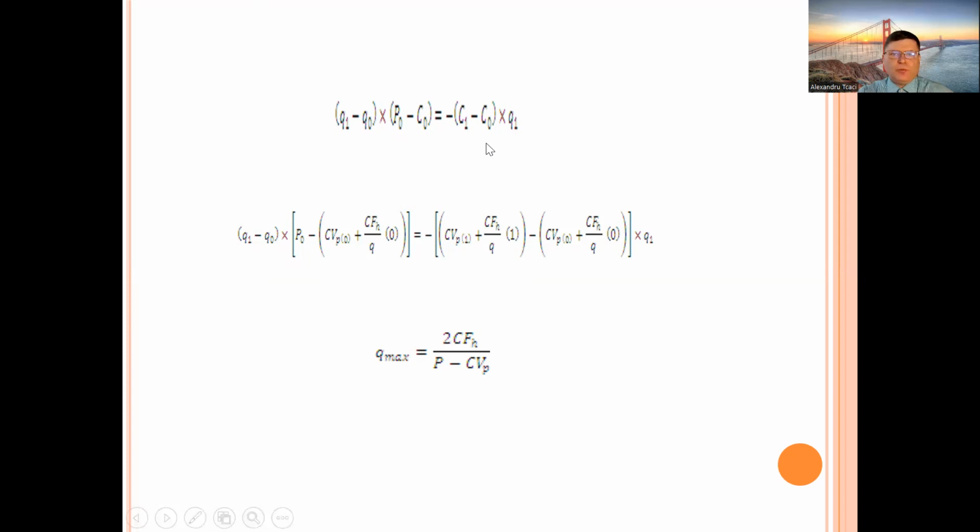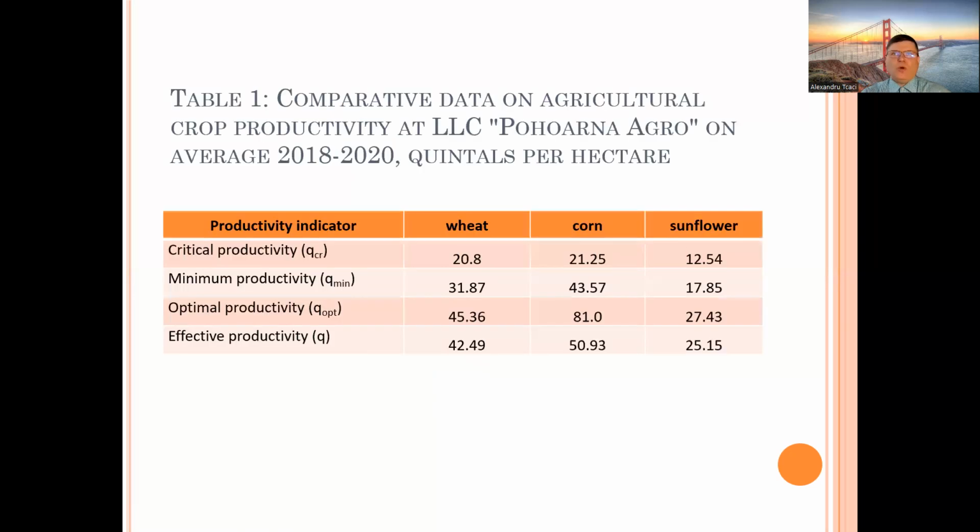In the following formula, replacing unit cost by components, and after performing the respective transformation of this expression, we obtain the formula for calculating the maximum productivity. The results of calculations according to this methodology are presented in tables 1 and 2.